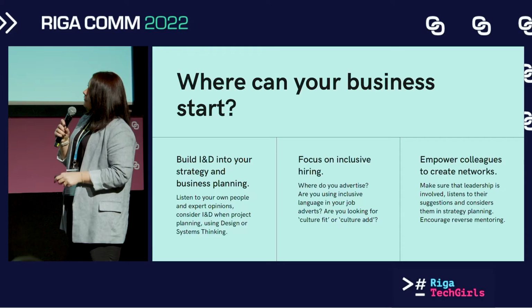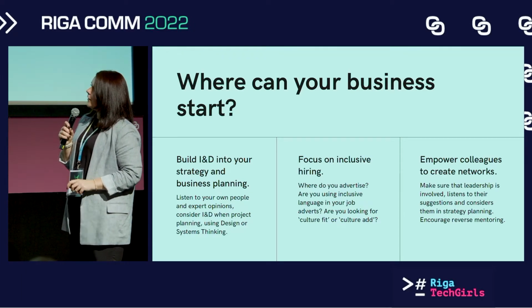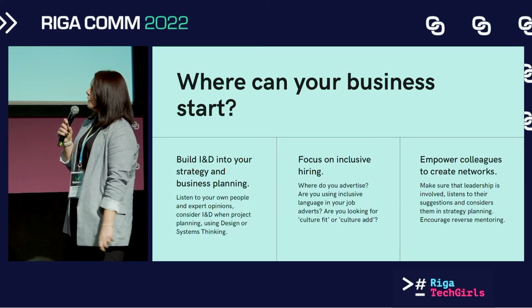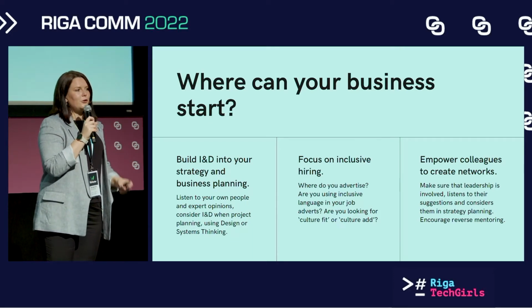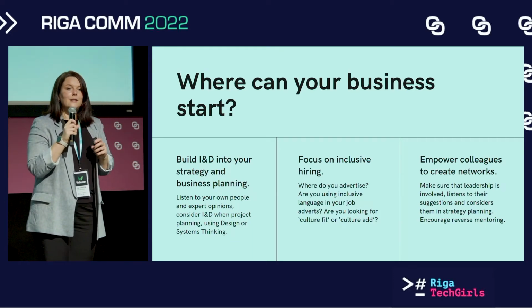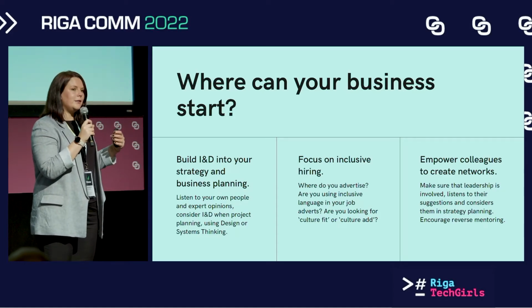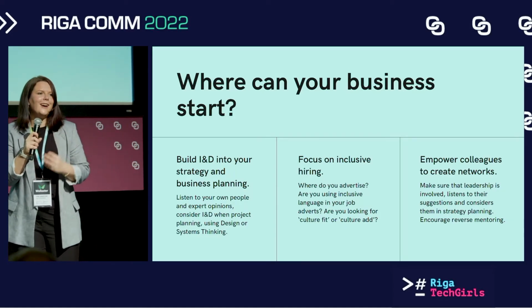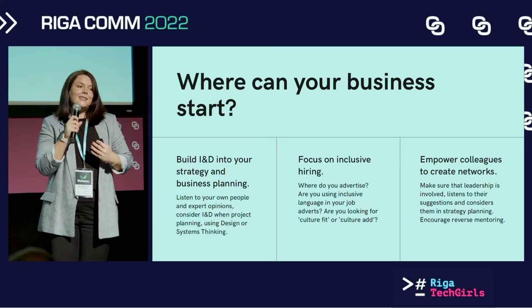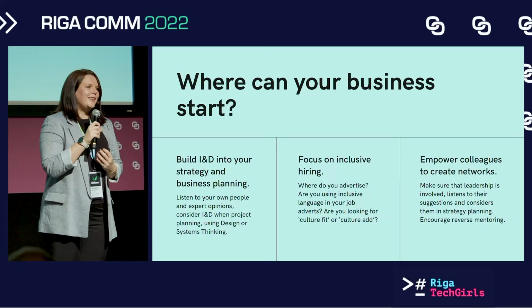And there's a really interesting thing that recently has started to be talked about a lot more. Are we looking for a culture fit, or are we looking for a culture add? And the main difference is that the culture fit quite often will find someone that really fits our team, that is exactly like us, someone who thinks and works and communicates in the same way as us.